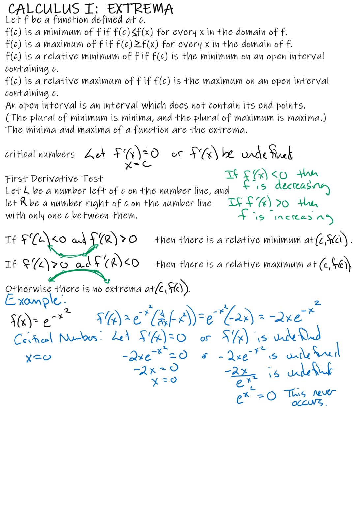All right, well now let's go ahead and pick our values to the left and right. We're going to use the first derivative test. So we will let L be a number to the left of 0. Let's take negative 1. And R be a number to the right of 0. Let's use positive 1. Then we have f prime of negative 1.